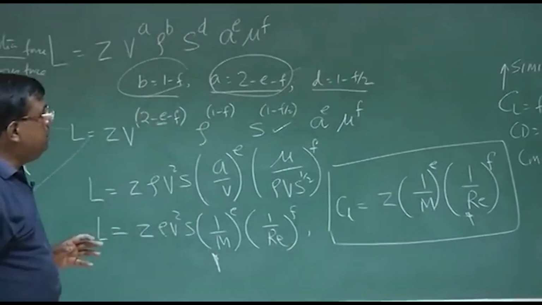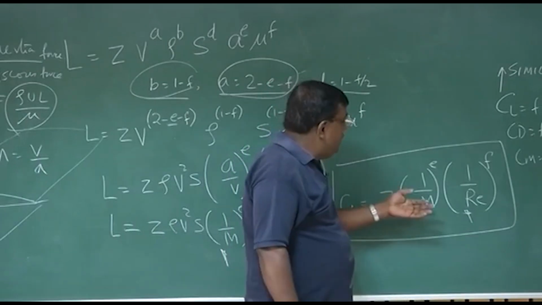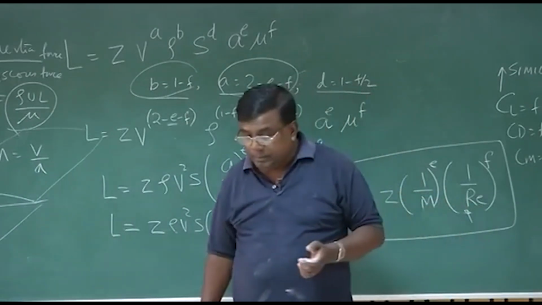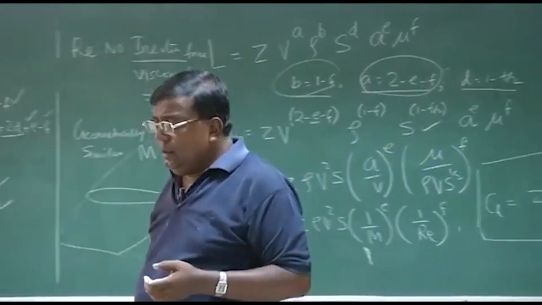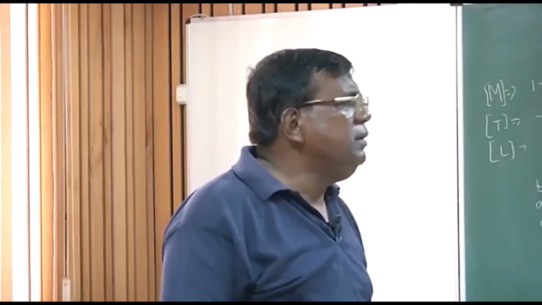You could see now that at a given angle of attack, the CL is a function of Mach number and Reynolds number. We also know that if Mach number is less than 0.3, then we are really not bothering about the Mach number effect.